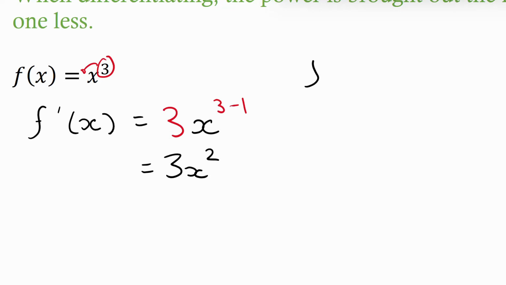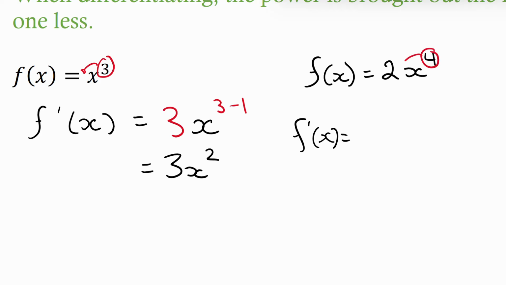What if I had something such as f(x) equals 2x to the power of 4? We do the same thing. That 4 is going to come out the front, and then we minus 1 off the power. We already had the 2, so we leave that there, times our 4, the x stays, and now we have 4 minus 1.